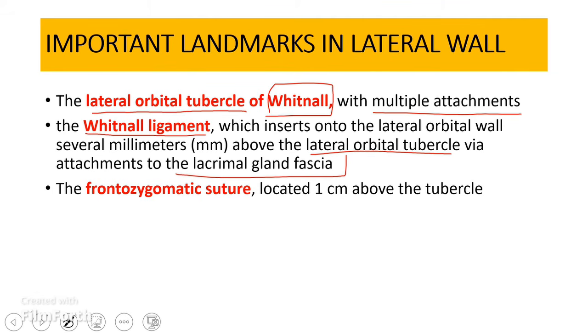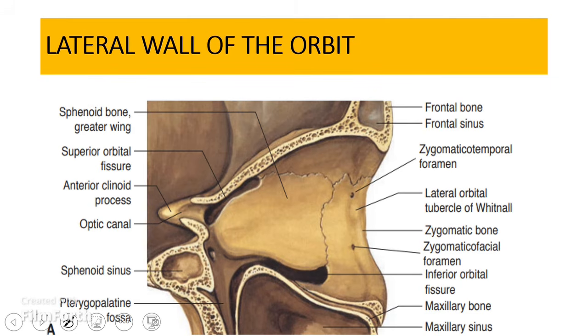Another important landmark is the frontal zygomatic suture, that is the junction between the frontal bone and the zygomatic bone, and this is located 1 centimeter above the tubercle. Now this picture shows you the bones present in the lateral wall of the orbit. As you can see, this is the greater wing of the sphenoid, and over here you have the zygomatic bone. This picture also shows the various landmarks.